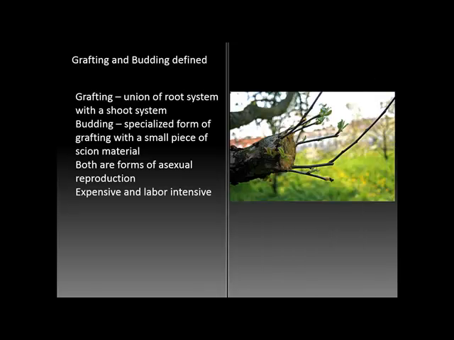So a graft is a union of a root system with a shoot system, and there are many different techniques and circumstances in which grafts are used and can help the horticulturalist. The case illustrated is cleft grafts being put onto what appears to be a fruit tree.